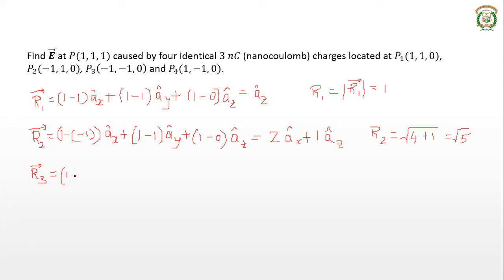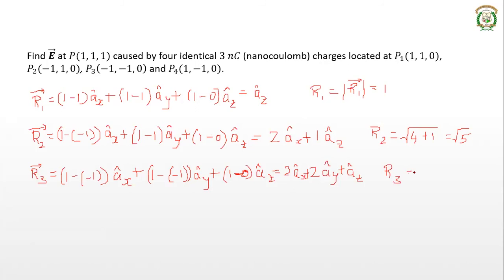So it is 1 minus 1 AX plus 1 minus minus 1 AY plus 1 minus 0 AZ. 1 minus minus 1 is 2, and 1 minus 0 is 1, right? So it is 2 AX plus 2 AY plus AZ. What is the magnitude of R3? It is the square root of 4 plus 4 plus 1, which is the square root of 9, equal to 3.